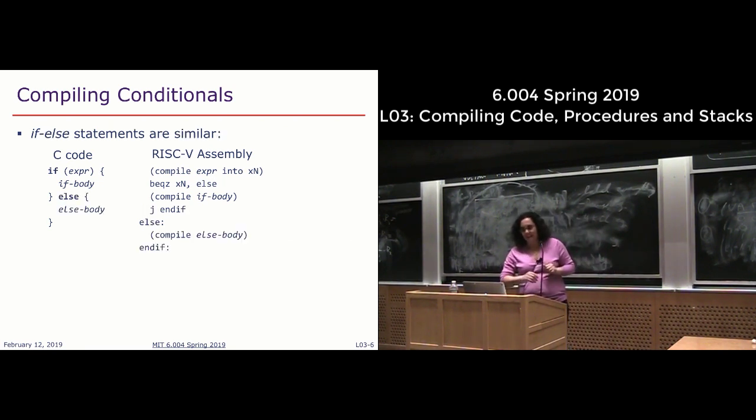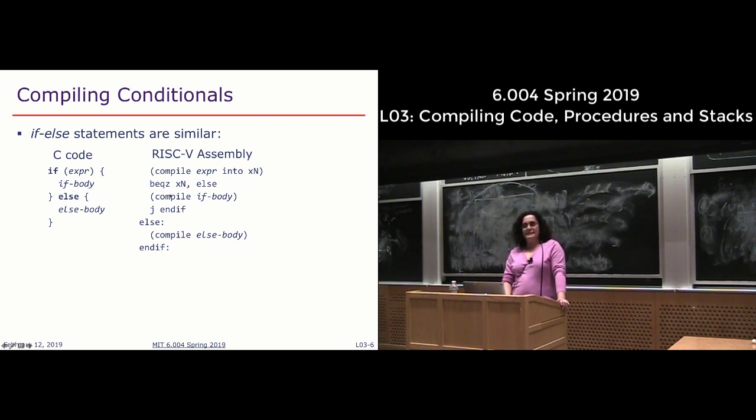Okay? All right, and so we move on from there to if then else, and this looks very similar. And so once again, the if portion looks the same, where I'm compiling my expression into a register, and I'm saying if that register is equal to 0, then I don't execute my if, so I branch to the else.